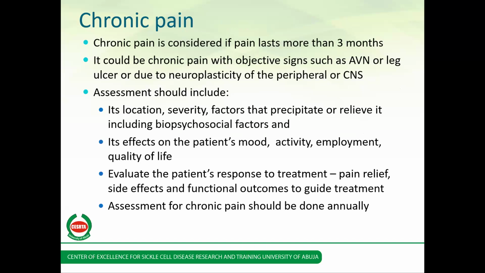Another chronic complication of sickle cell is chronic pain. Chronic pain is considered if pain lasts more than 3 months. It could be chronic pain with objective signs such as avascular necrosis or leg ulcer, or due to neuroplasticity of the peripheral or CNS.